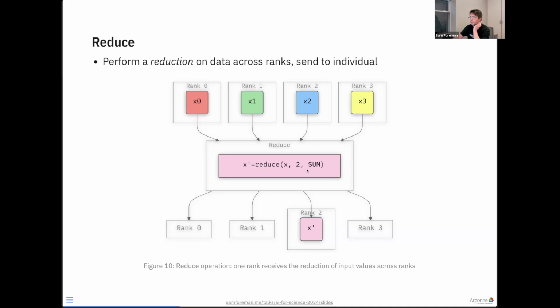In this case, for example, you can see we reduce over this vector X and send the result to rank 2. In PyTorch and MPI, for example, there's also typically an argument that allows you to specify what operation you want to do. The details are very well documented in either the mpi4py or the torch.distributed documentation.